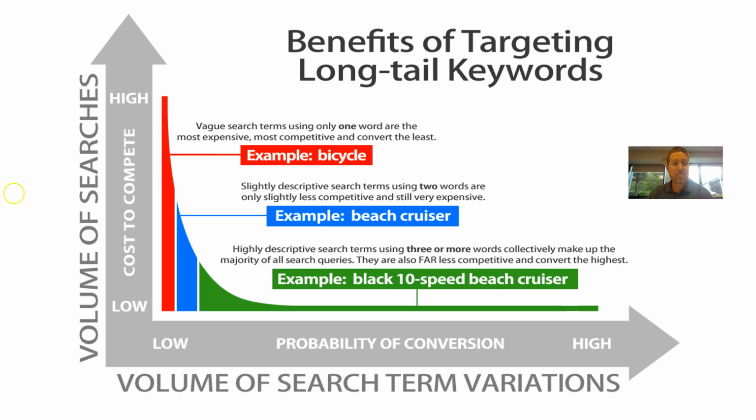So the cost to compete on that keyword is going to be very, very high, okay? But the relevancy of your ad for that keyword is going to be very, very low. Why is that?